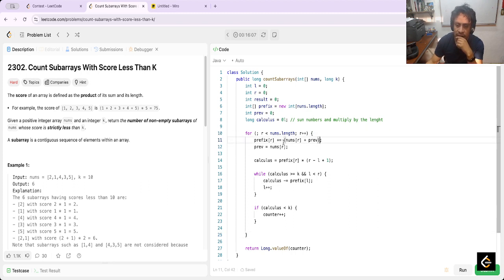In this case, the calculation is the hat, and the key is the prefix sum, prefix.